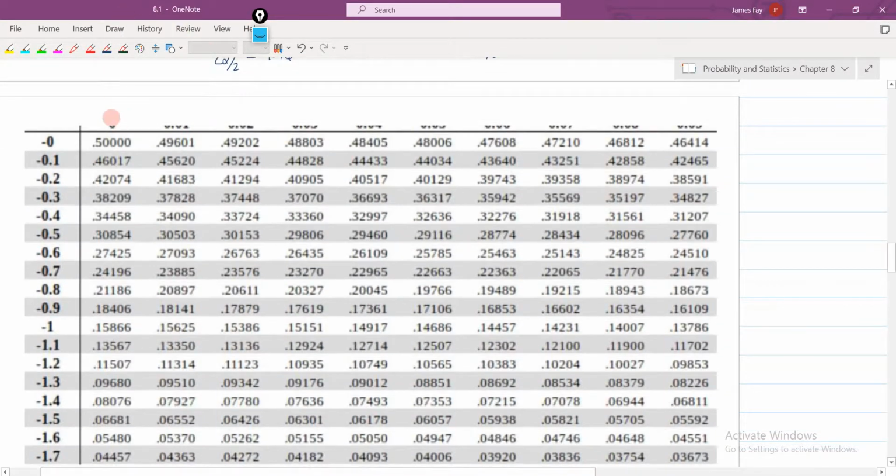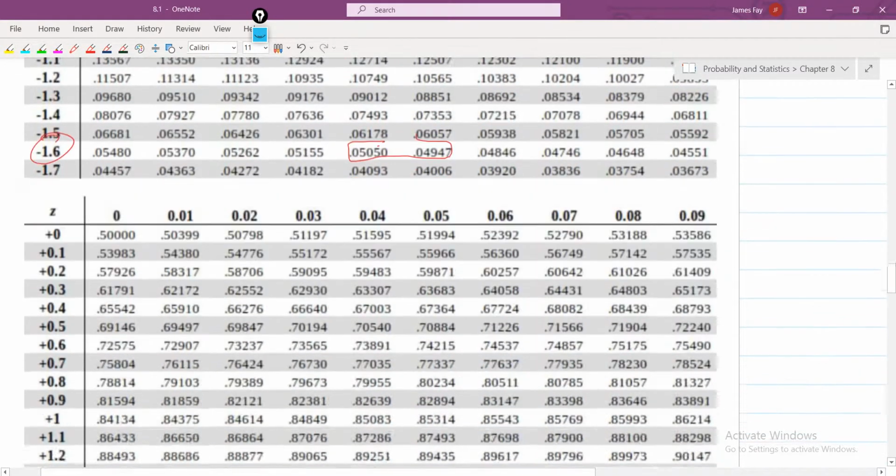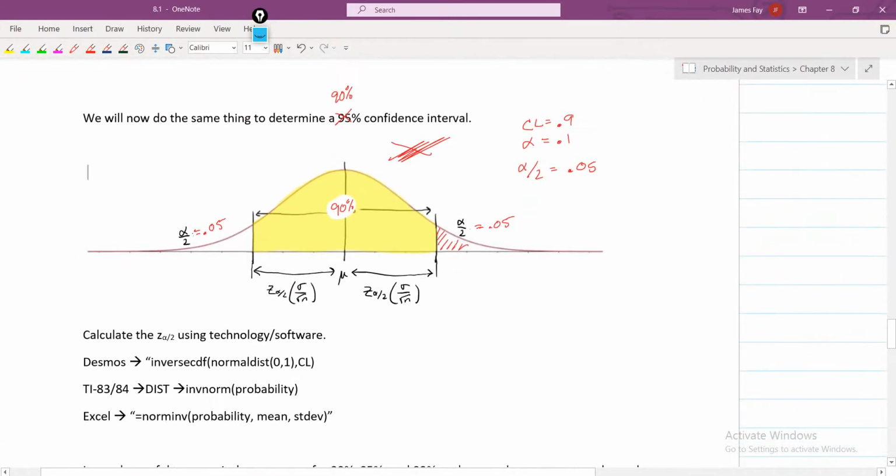This is 0.00, 0.01, 0.02, 0.03, 0.04, 0.05, so we're looking between these two. Somewhere between negative 1.64 and negative 1.65 will be the z sub alpha over 2 value.